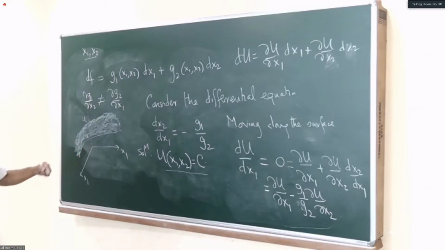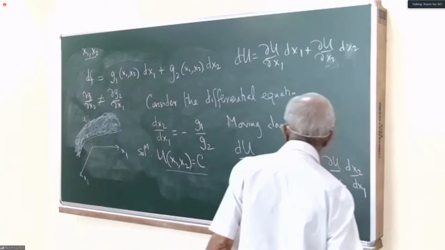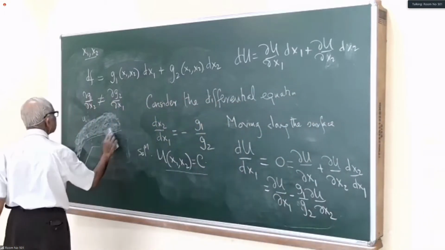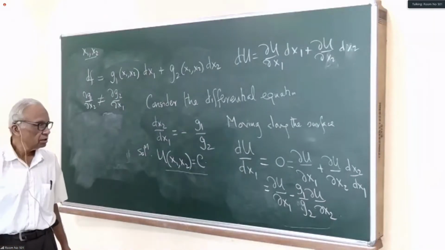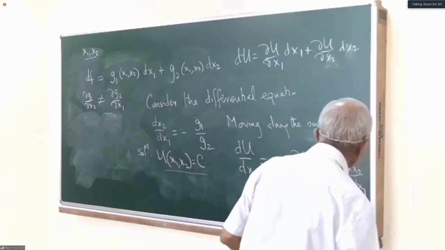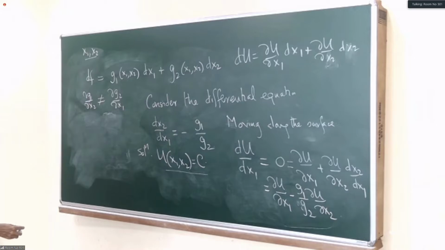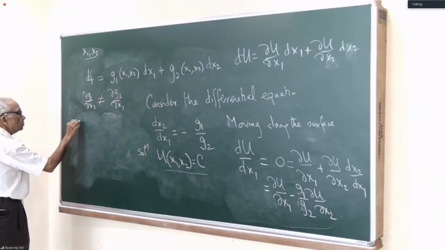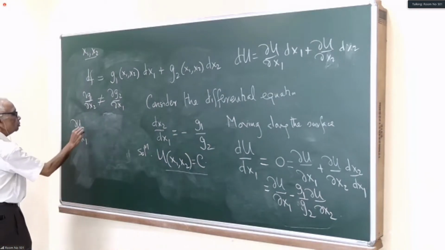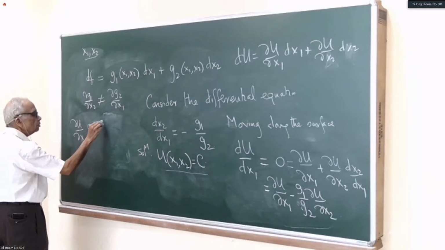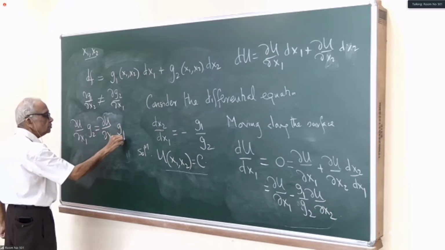So if I move along this surface, this is the solution surface. On this solution surface, du/dx1, which is 0 by definition, gives del u del x1 times g2 is equal to del u del x2 times g1.